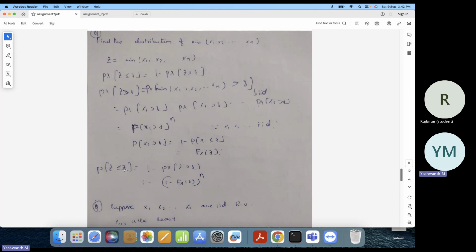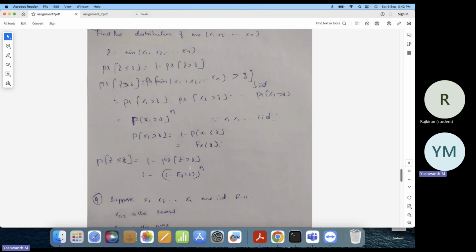So probability Z less than z is what you want, and this is 1 minus probability Z greater than z. Probability Z greater than z is nothing but (1 minus Fx of z) whole power n. So this is the distribution of the minimum.